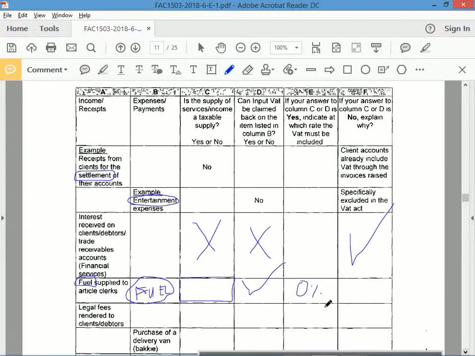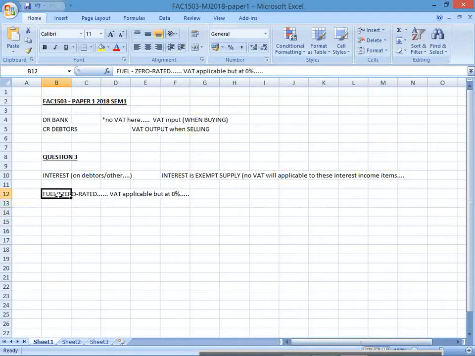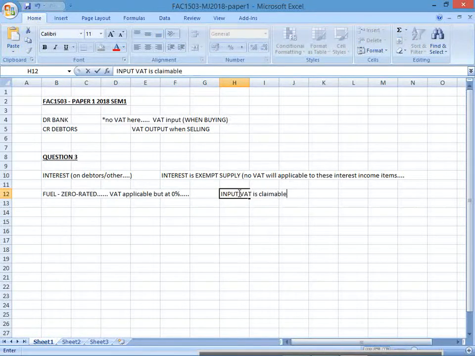And if you wanted to explain it a bit more in detail, you could maybe write that there, and you could say input VAT is claimable, but no output VAT on the sale of fuel.